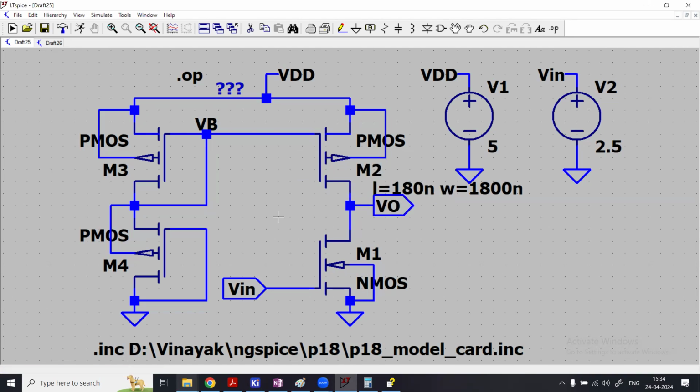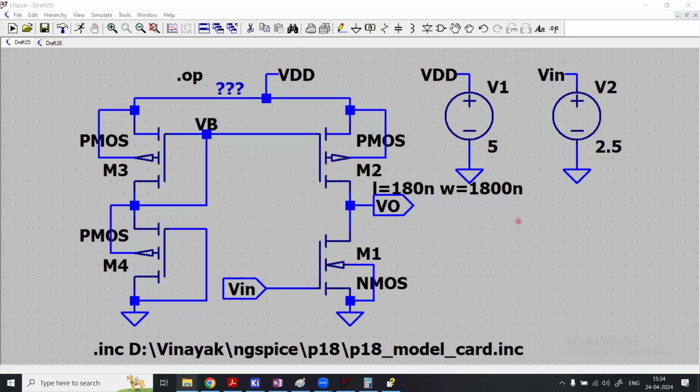That's it. Now I have got the circuit ready, with all the interconnections. I have used the 2.5 volts here and the 5 volts right here. But do I need a 5 volt supply to be used with 180 nanometer technology?